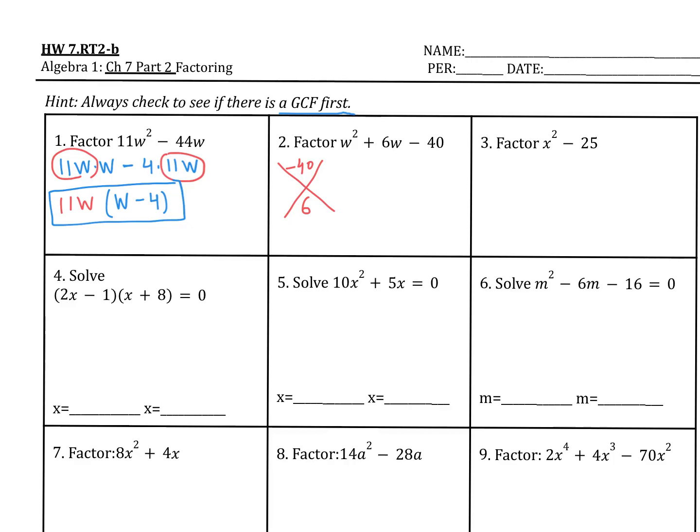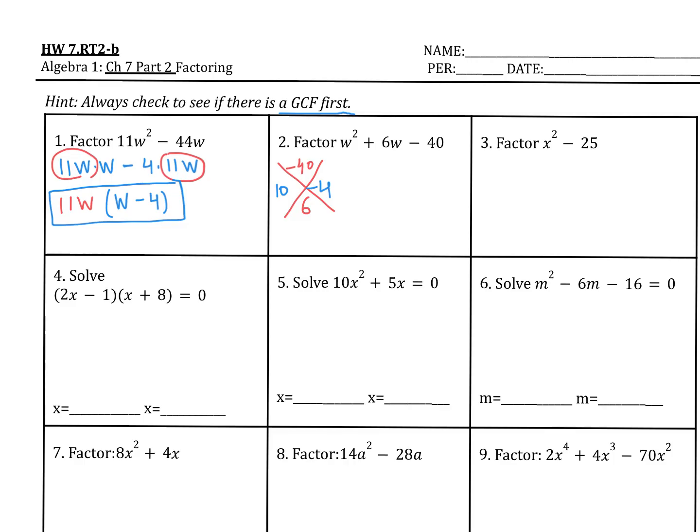You're looking for two numbers. When you multiply them, you get negative 40, and when you add them, you get 6. The numbers that multiply to negative 40 and add to 6 are 10 and negative 4.